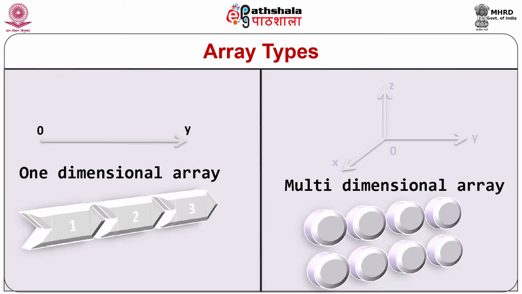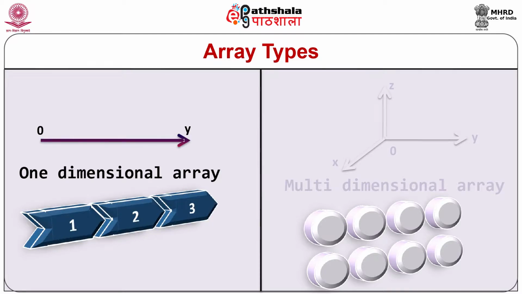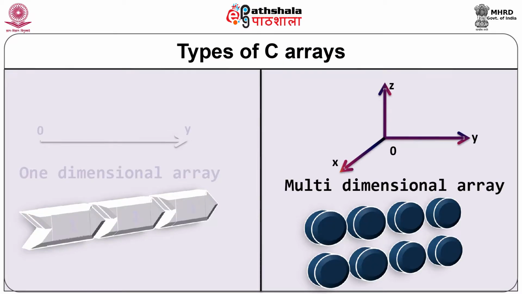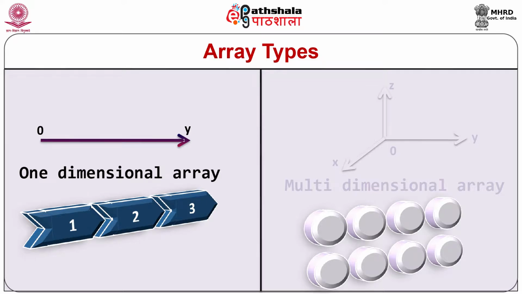Types of array. The arrays are classified as single dimensional array and multi-dimensional array. In one dimensional array, the array elements are stored or entered in a row. This is a single dimensional array diagram. In this, you can see elements are stored in a row.